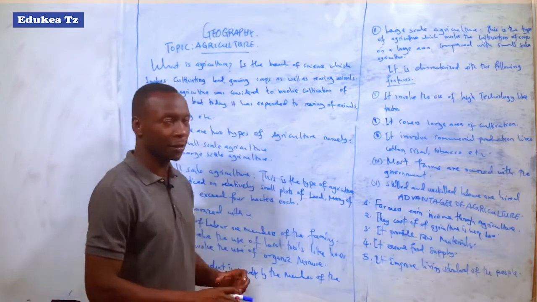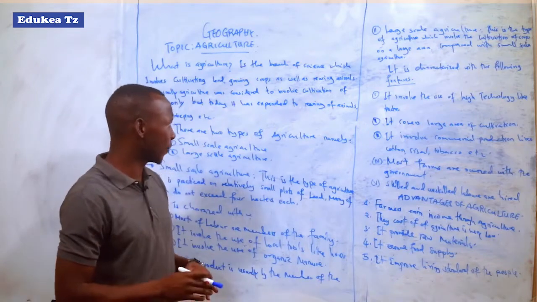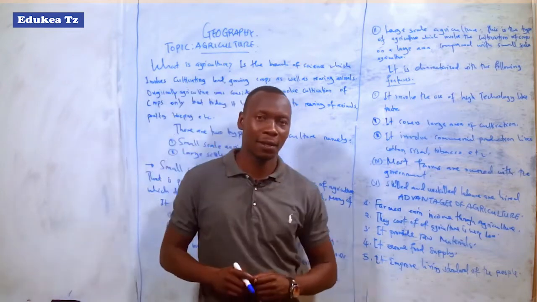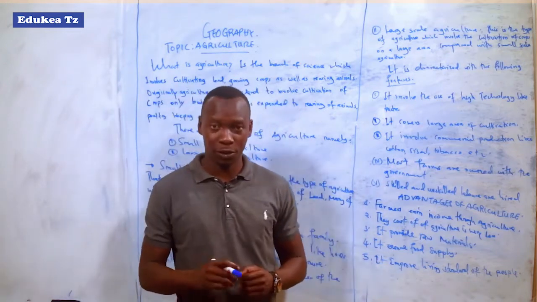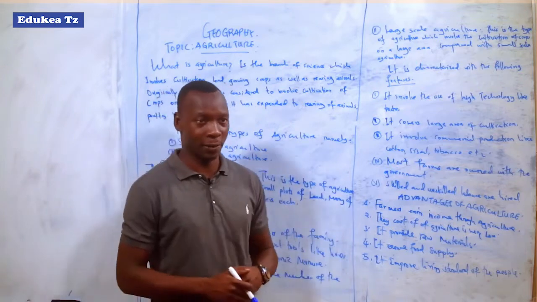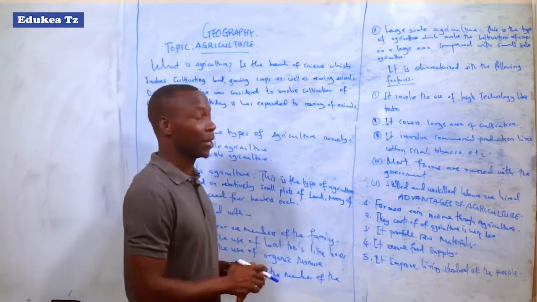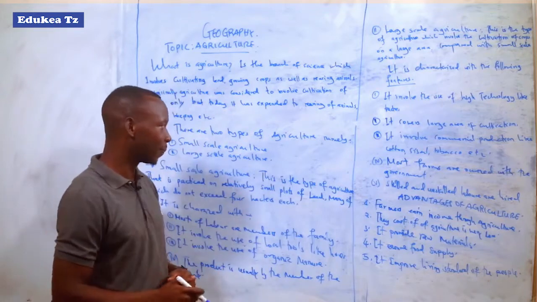But today, agriculture has expanded to involve the rearing of animals like goat, cow, and the other animals that you know. After looking at that, let us see now the types of agriculture.